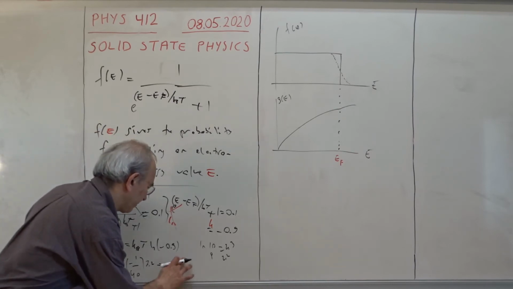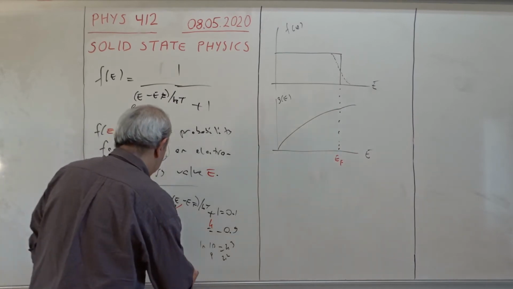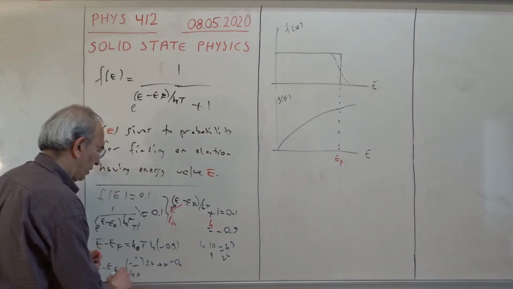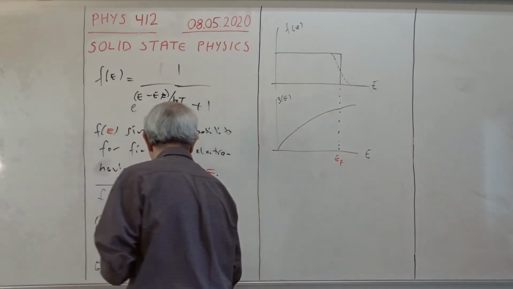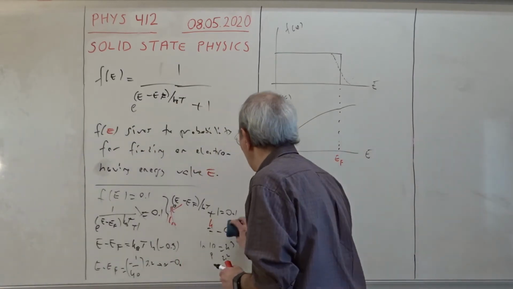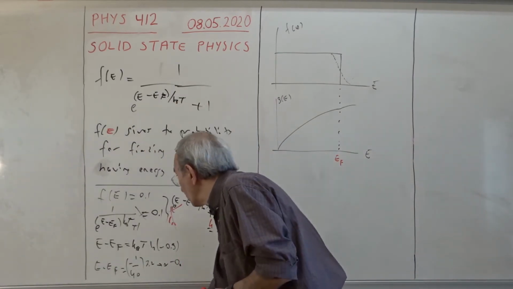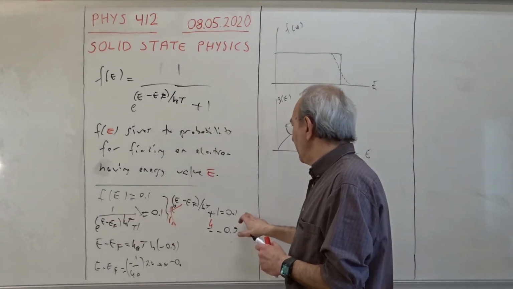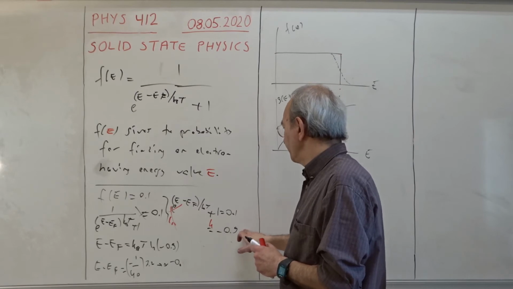Sorry. Yes, 1 over 40 times that. So after this operation, we have the exponential part minus 0.9.